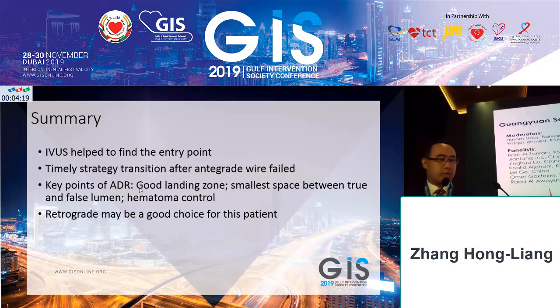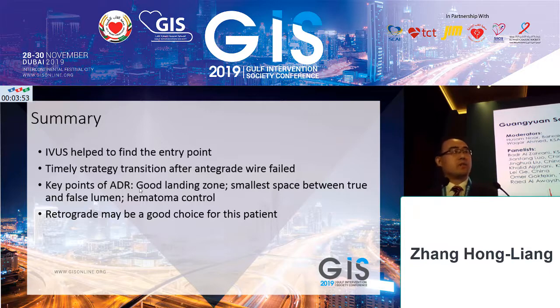To summarize this case, for CTO lesions with blunt ending, IVUS can be of great help to find the real entry point. To do successful PCI, we need to have a plan. We need to have plan B after plan A failed. Timely strategy transition is very important for CTO PCI.